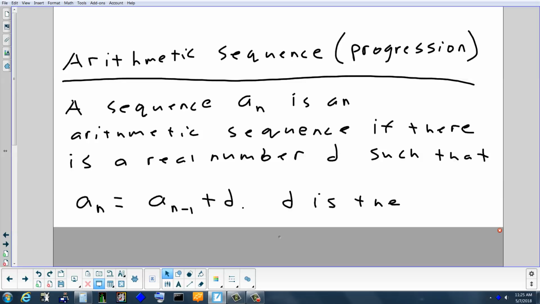And that's how you would write it recursively. To get a specific term, take the one before it and add a number. Okay, we looked at a sequence like that earlier, where we added 3 each time.